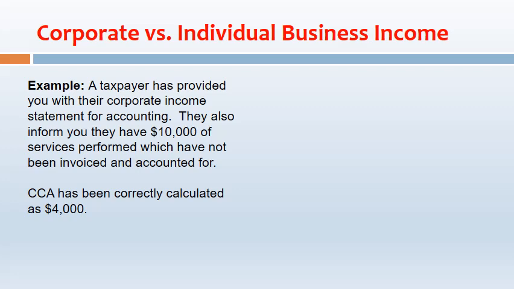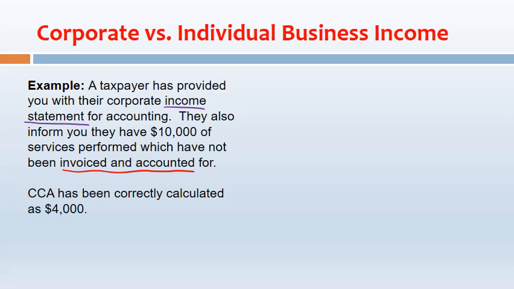So we'll take a look at this example where we've got this taxpayer. They've come in, they've got their corporate income statement for accounting. Just a regular income statement that you would be used to from your accounting courses. They also inform you they have $10,000 of services performed which have not been invoiced and accounted for. Now this is weird. I'm only putting this in here to demonstrate what you would do if you actually encountered this.